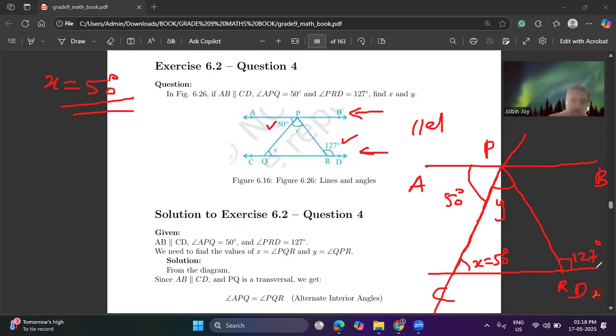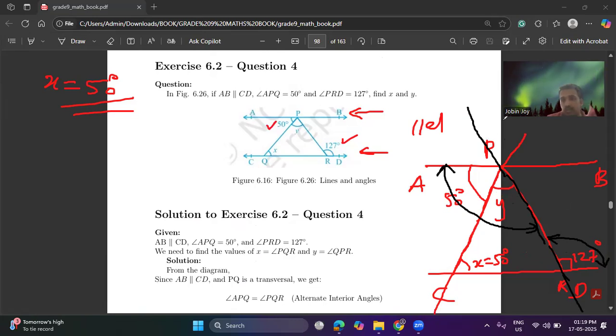So this angle APR, this angle will be equal to this angle. So Y plus 50 is equal to 127, right?